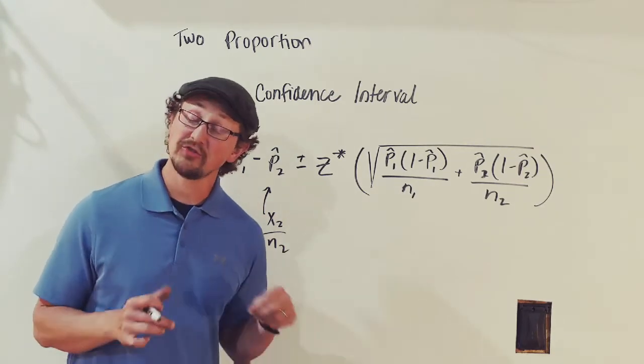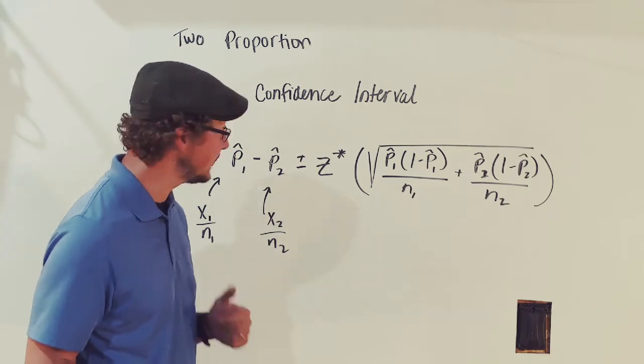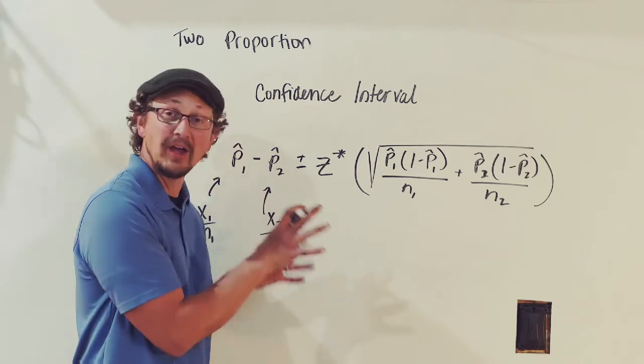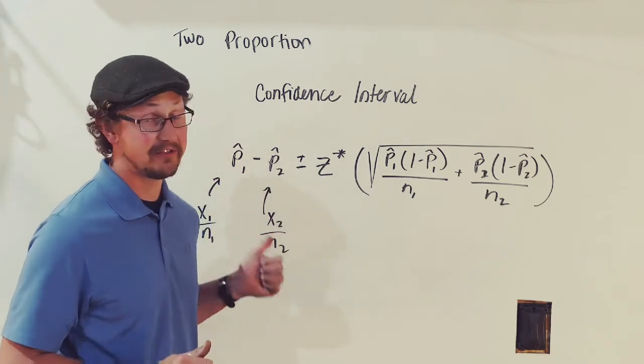And so again, just like when we were doing our hypothesis formula, drop the numbers into this and then put it down, but let your calculator do the heavy lifting of the computation.